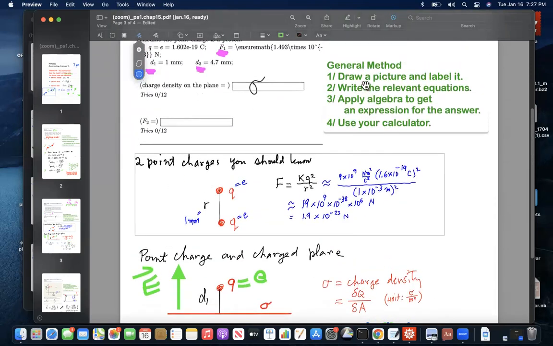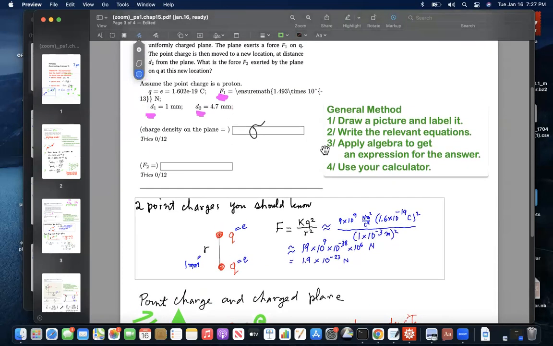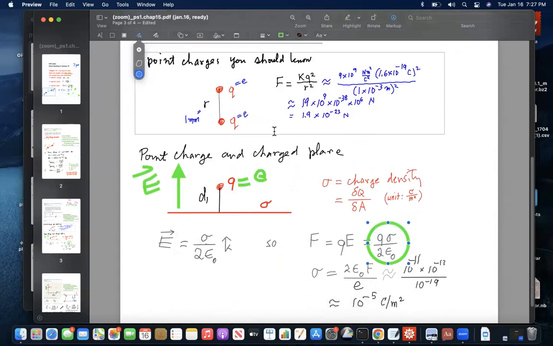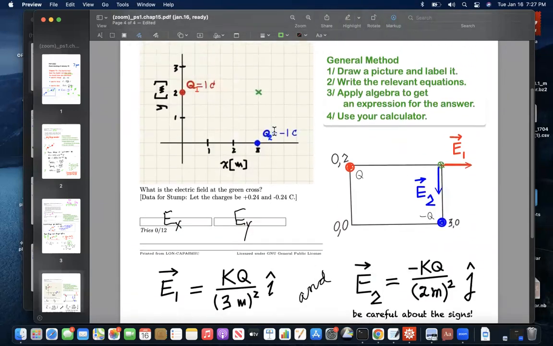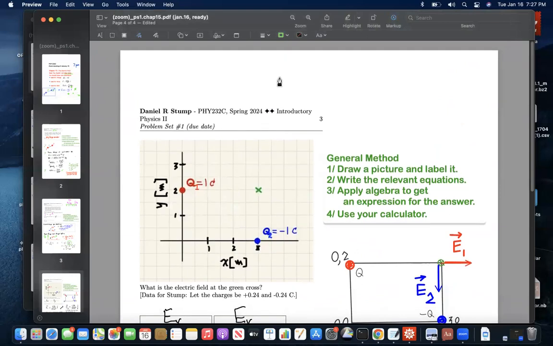So in fact, for an infinite plane, the force doesn't depend on how far the proton is from the plane. All right, so let's go on to one more problem. Anybody want to ask a question?